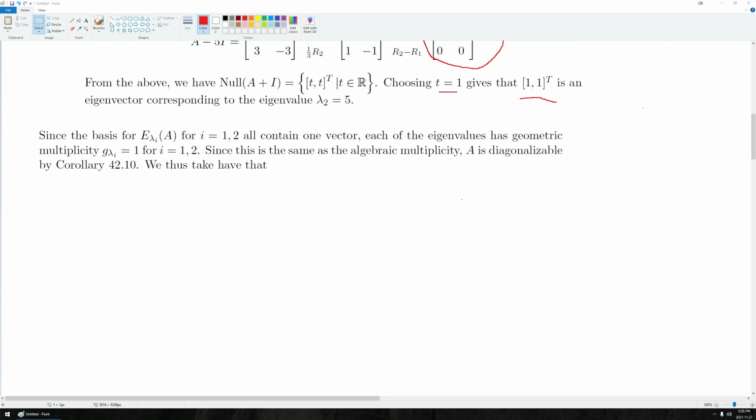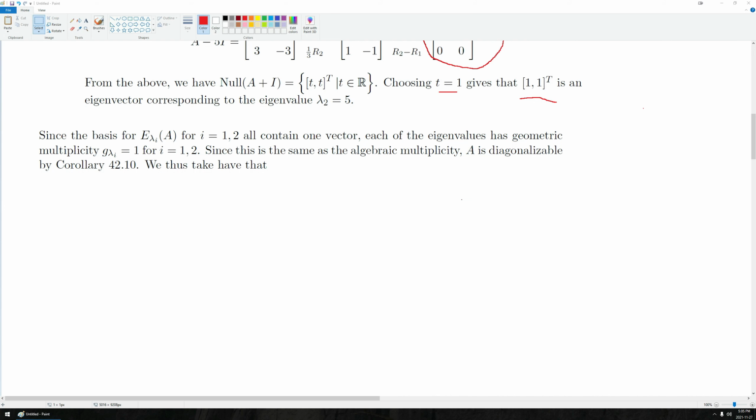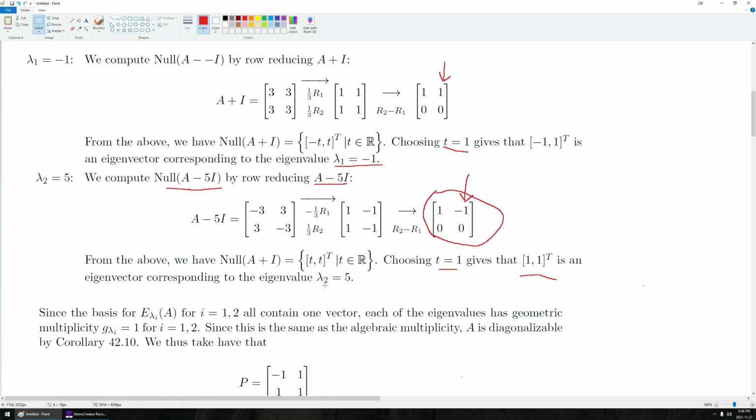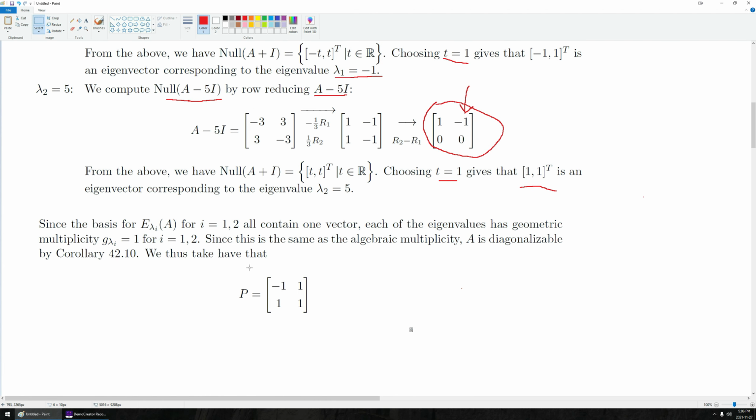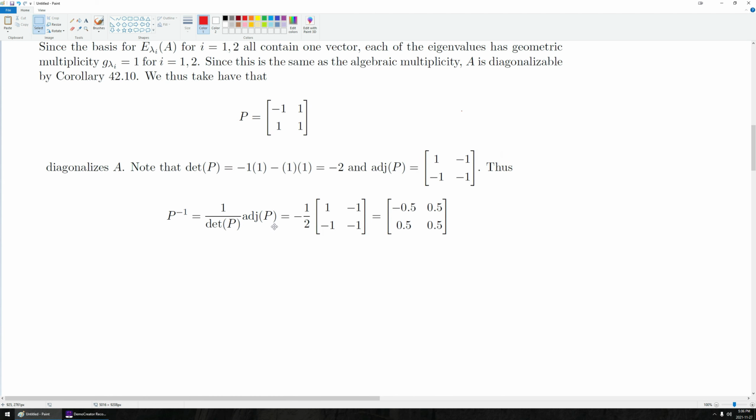So now I want to figure out what my P matrix is, what my P inverse matrix is, and what my D is. Well, to find P, I simply take my eigenvectors and throw them into a matrix. So here I just chose to put the eigenvector associated with -1 and an eigenvector associated with 5 in that order. Next, I want to find what my P inverse is. Well, this is simply a 2 by 2, so I can use that handy-dandy formula using the adjugate to make this pretty easy to compute.